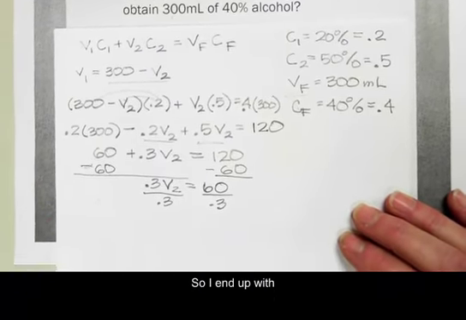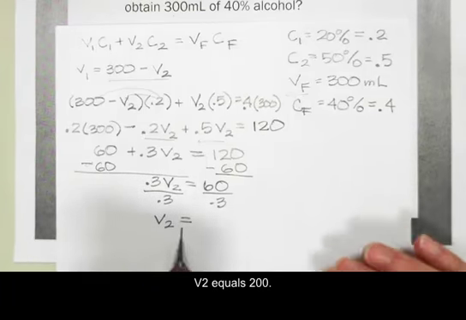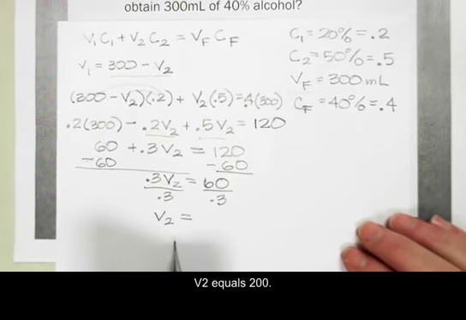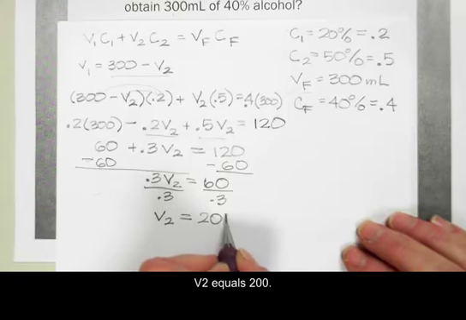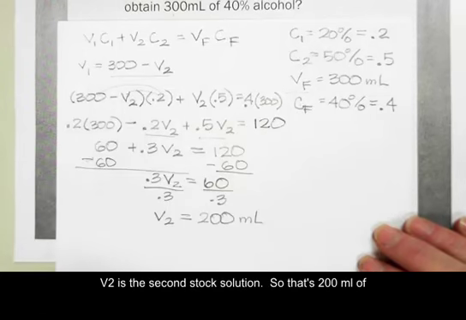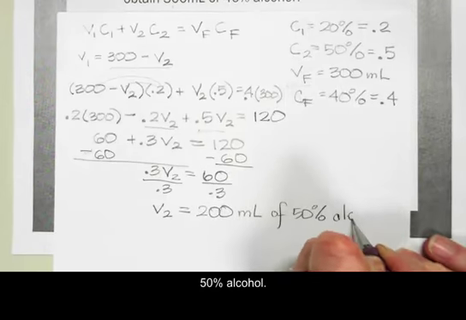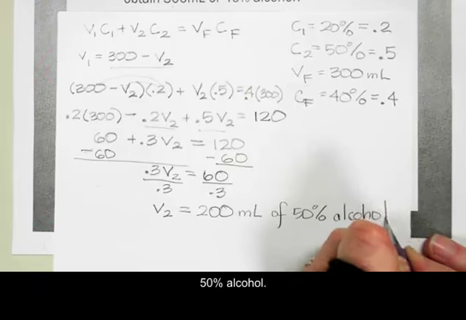So I end up with V sub 2 equals 200. So V sub 2 is the second stock solution, so that's 200 milliliters of 50% alcohol.